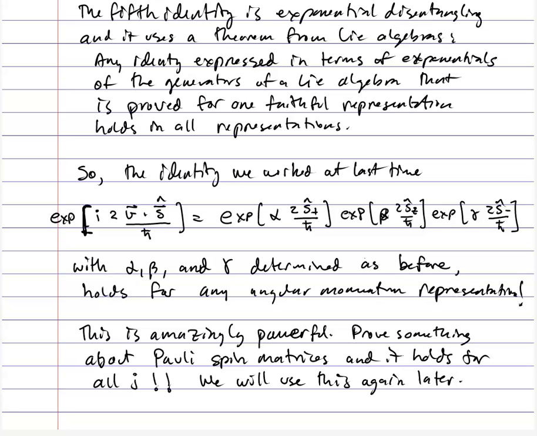And similarly, I don't have a closed form expression for what exponential of alpha 2s plus over h bar is, when s plus is an operator. And I don't know what it is for, well, actually, I probably can work it out for exponential of 2sz over h bar, but even there, I'm not completely sure I know how to do it, and so forth. But nevertheless, as an operator identity, this thing holds, and it was proved by doing that expression with the Pauli operators. That's just really cool, okay?